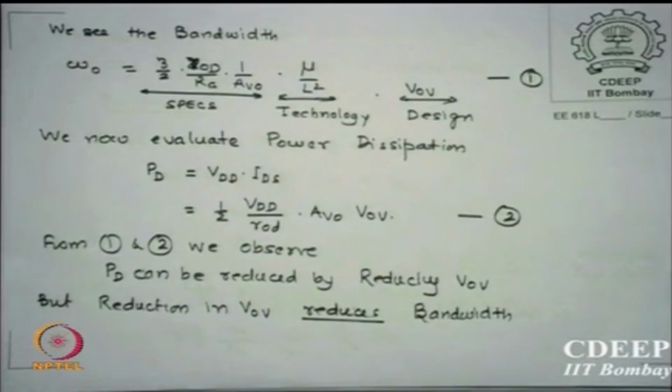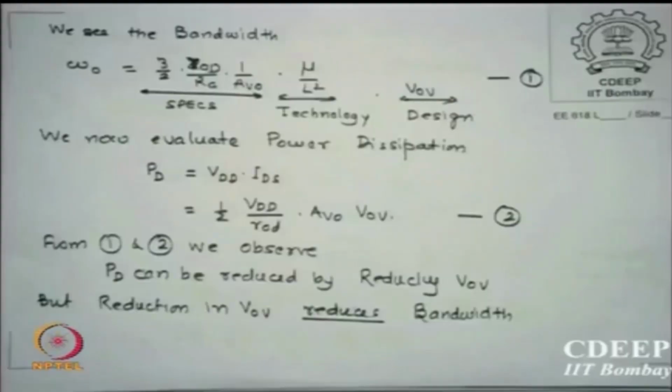ROD is normally RD if you are putting a resistor there, that is something which you have fixed. If you are putting the channel length, somewhere you are fixing RO. So this we say is essentially specs related. The first few terms, 3 by 2 ROD by RG into 1 upon AV0, are the specs related.